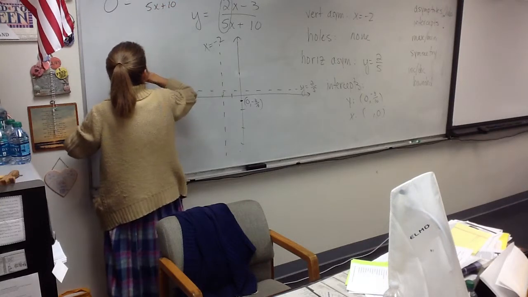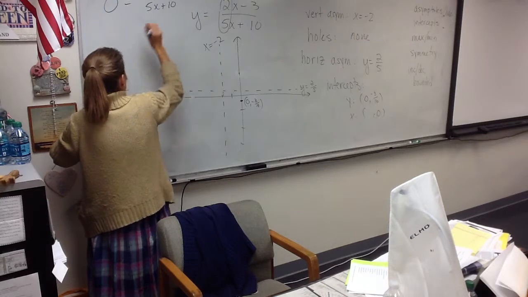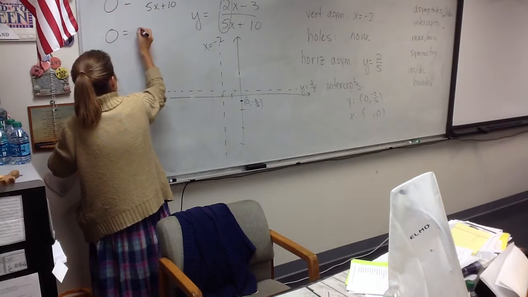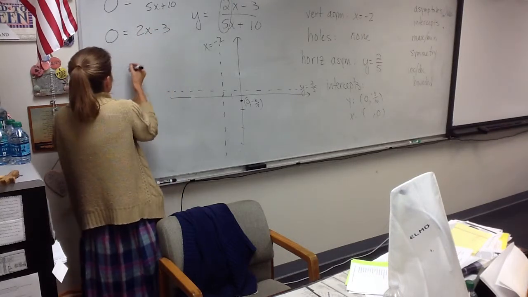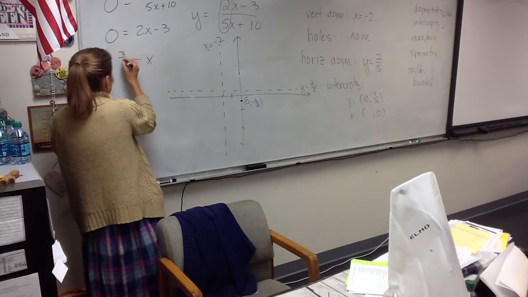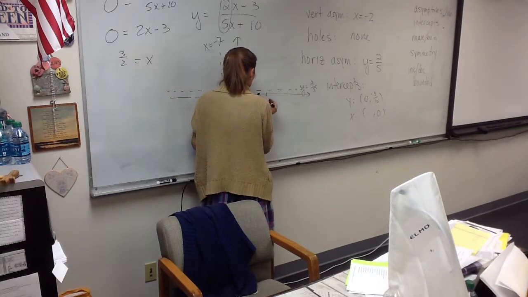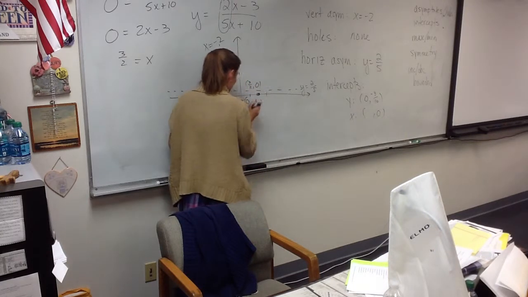How would I go about solving that? Multiply by 5x plus 10. And what's going to happen since that's a 0? Doesn't it still stay 0? So it looks like x will equal 3/2. So my x-intercept is at the point 3/2, comma 0.